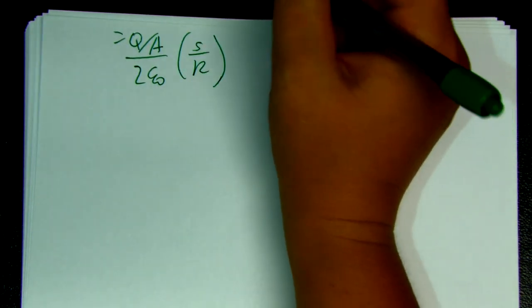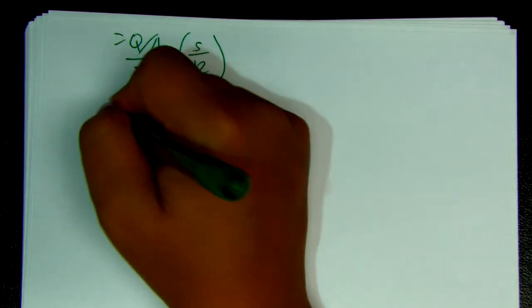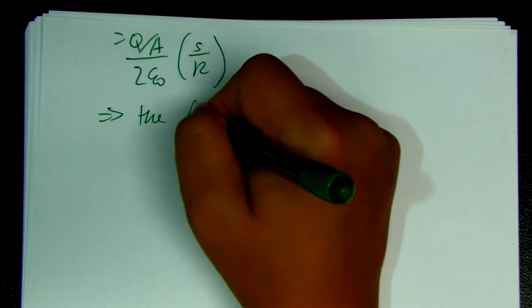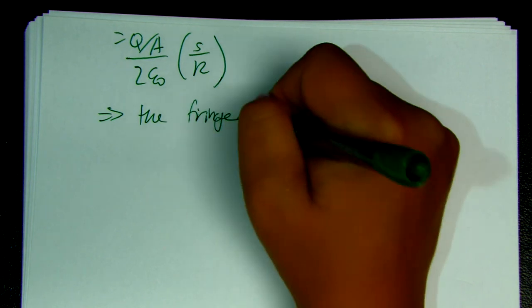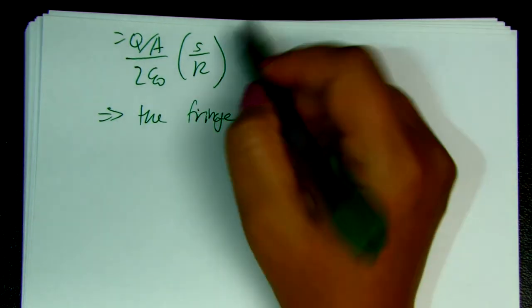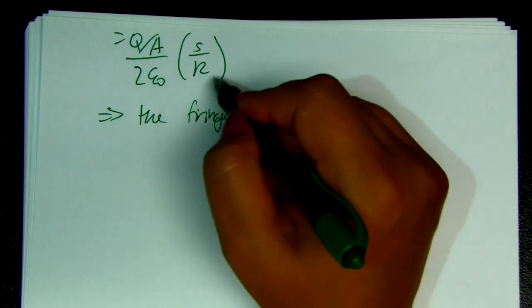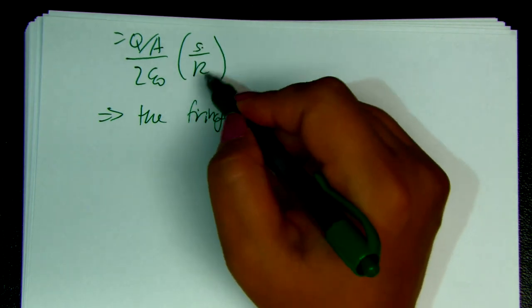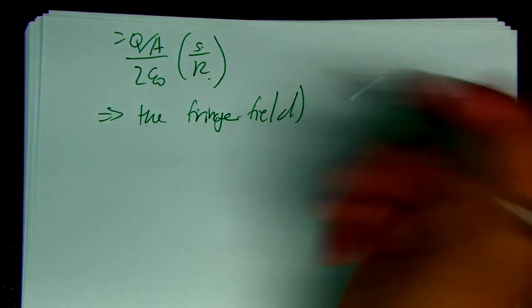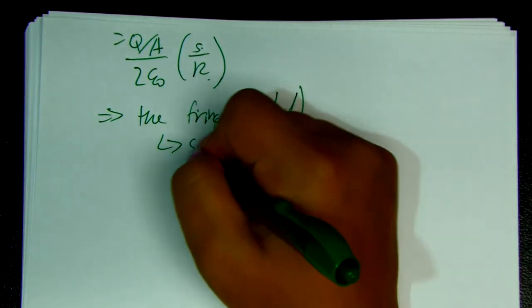All right, so this field, which is outside of the capacitor, is called the fringe field. And as you can see with having this fraction in it, where you've got very small on top, very big on bottom, this is small compared to the field inside the capacitor.